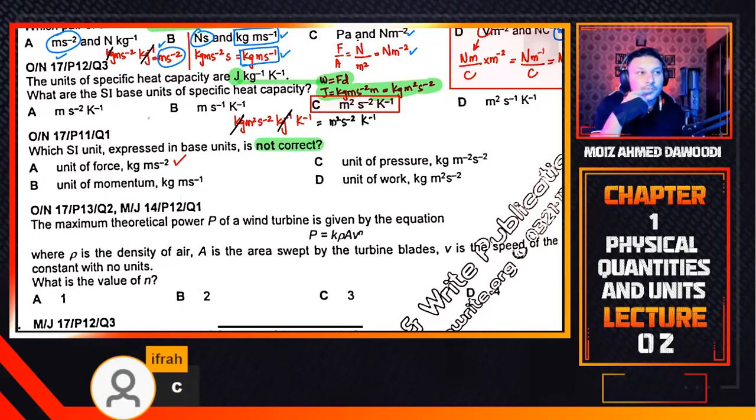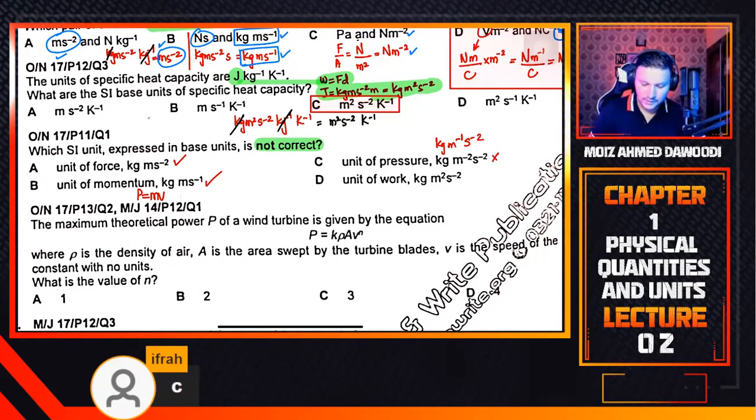C. Okay. Momentum याद है हम लोगों का फॉर्मूला था mv. According to that, ये भी ठीक है. M is kg and v is m s minus 1. Unit of pressure is kg m minus 1 s minus 2. Yes, it's wrong. And work is, अभी थोड़ी देर पहले देखा, ये रहा kg m square s minus 2. ये भी ठीक है. So yes, it's C.